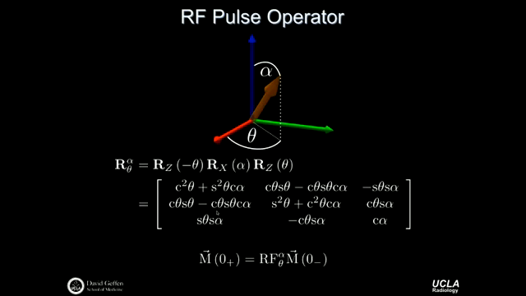You could do this for a given B1 envelope function of a given duration, etc. And that will dictate whether your RF pulse is going to tip the magnetization down by 90 degrees along the X, or invert it along some other direction. Again, just by picking things like alpha and theta, you can define the matrix operator that transforms the bulk magnetization.